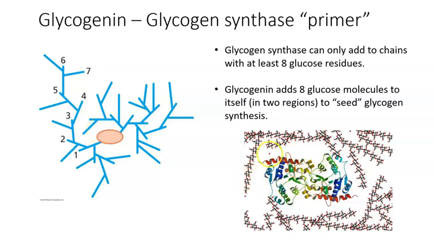So this is the protein glycogenin in the middle here, and it's going to add those glucose molecules to itself to seed itself, and then the polymerization, the glycogen synthase, can start adding onto that chain after that seeding has been done. So usually that binding is going to happen after that has been seeded.